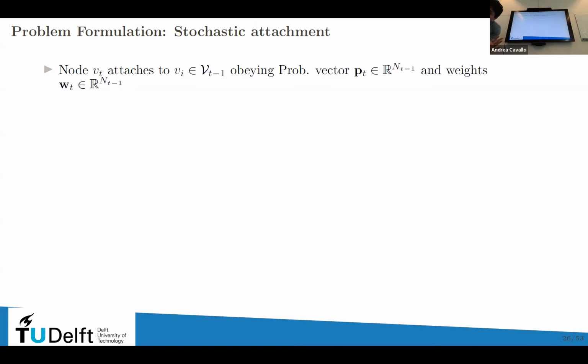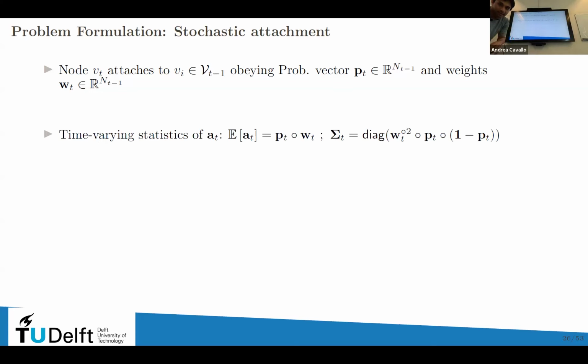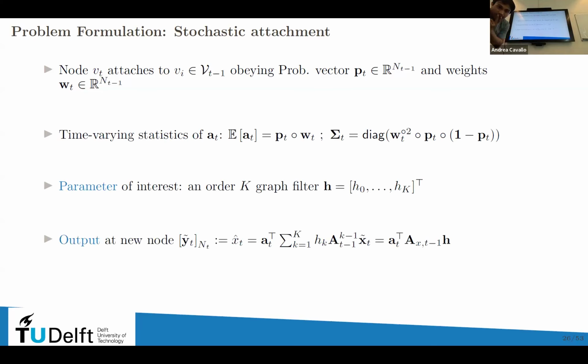The subscript t denotes that this probability vector grows with time, because the number of existing nodes is also growing with time. That's why we have the time-varying nature here. The other assumptions still apply: you still have the statistics which are valid at that instant. And our parameter of interest here is this graph filter, which we are going to learn, or rather update.